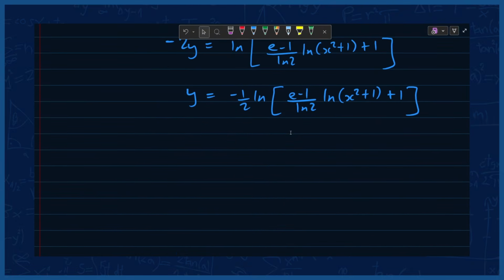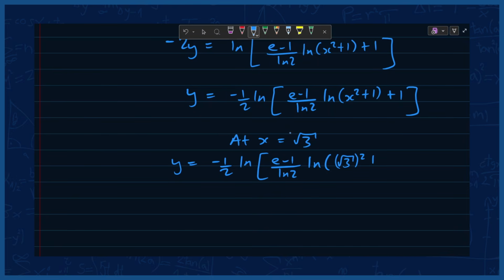So let's do that. So at x is root 3, I have that y is negative a half ln of e minus 1 over ln 2 times ln, this becomes root 3 squared plus 1, plus 1.